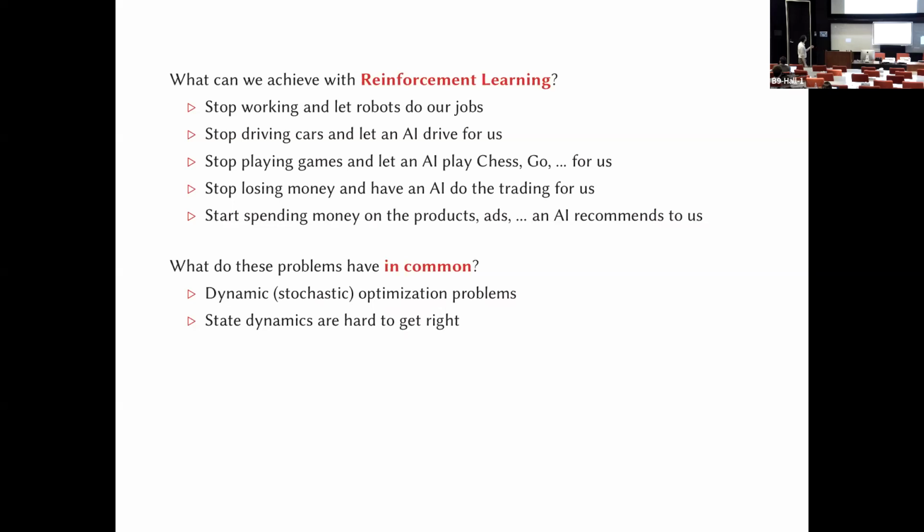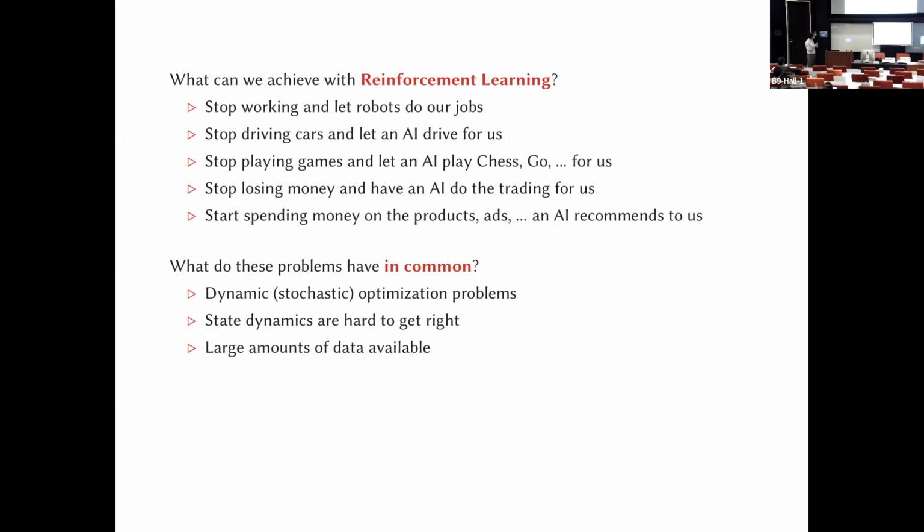Or in the finance situation, maybe you don't want to write down a financial market model because you don't really believe in it, or you are certain that you will get it wrong anyways. And that's where reinforcement learning is very helpful, usually.